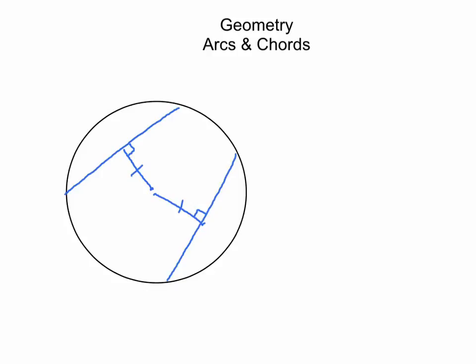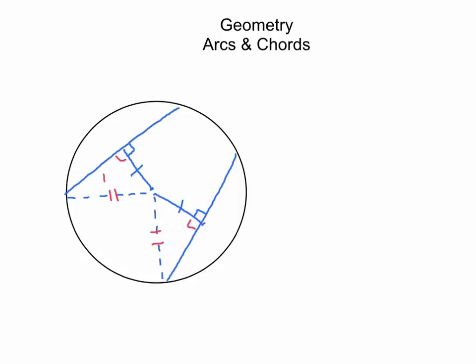To show you, I'm going to add a couple of segments. First, I'm going to draw this radius, and second, I'm going to draw that radius. And we know that these two radii are congruent, and we also know that this is a right angle and that's a right angle, and we also were given that this segment is congruent to that segment.